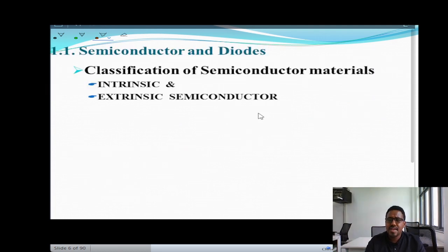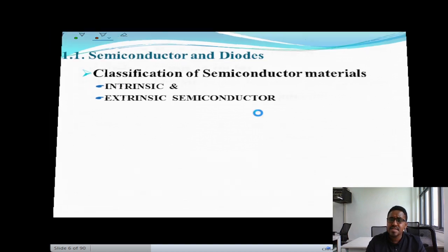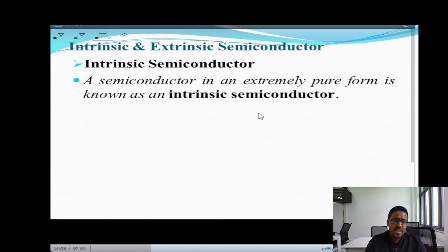Semiconductor materials can be classified into intrinsic semiconductor and extrinsic semiconductor. Let's see one by one. What is an intrinsic semiconductor? A semiconductor in an extremely pure form is known as an intrinsic semiconductor.